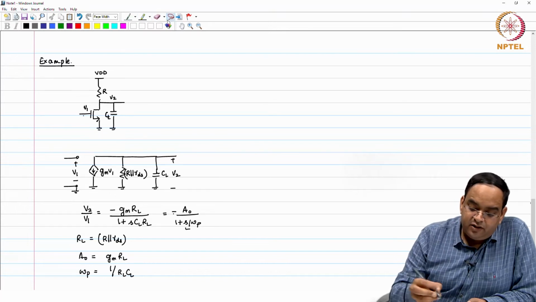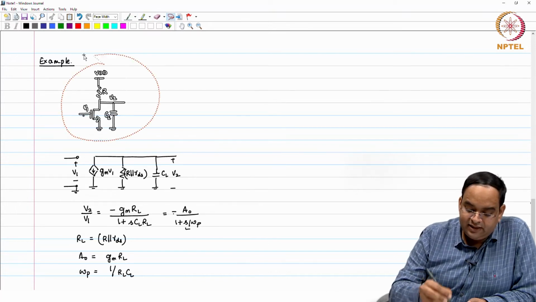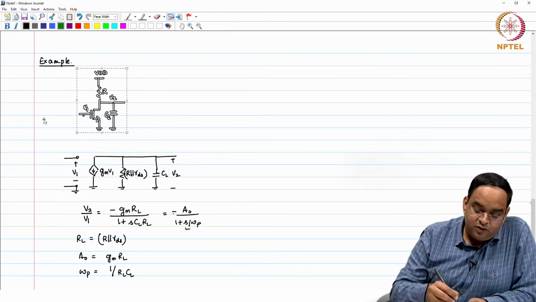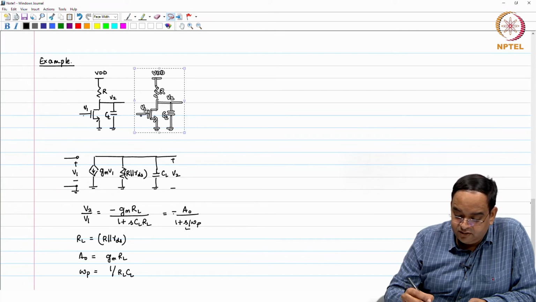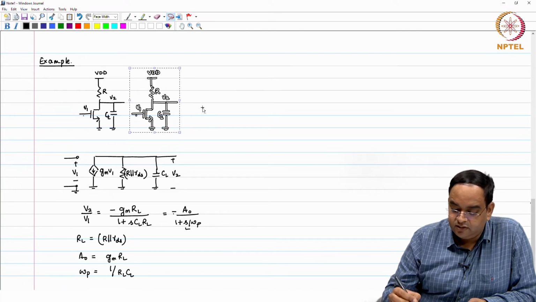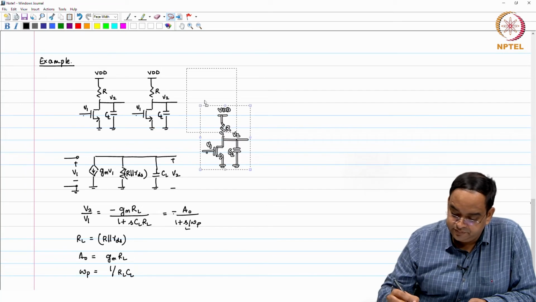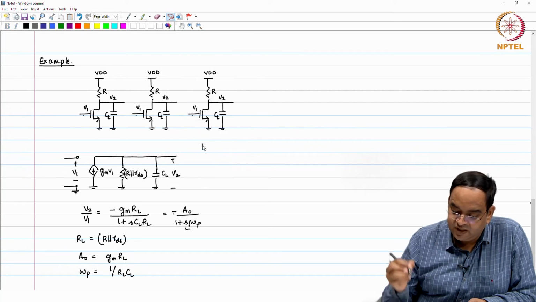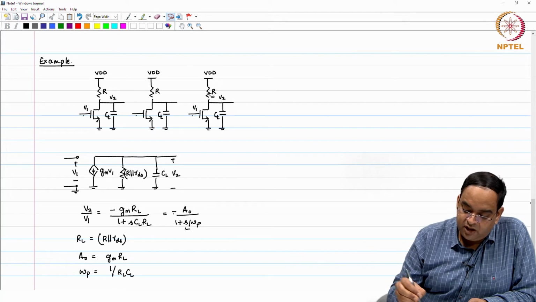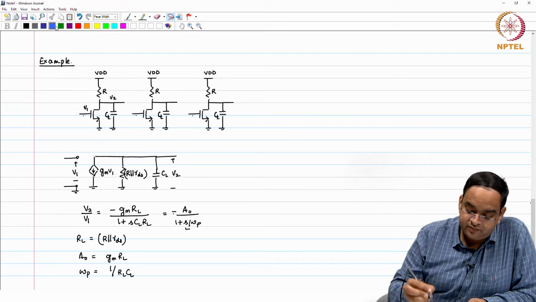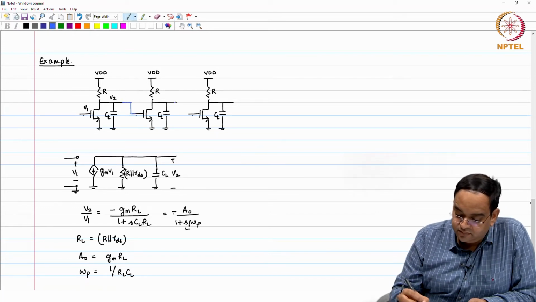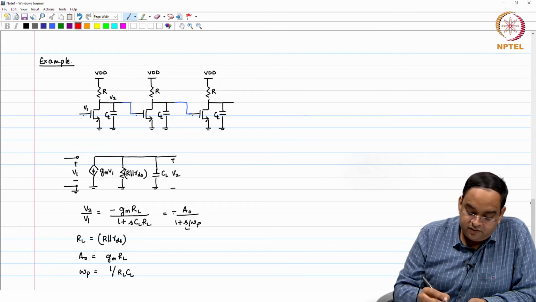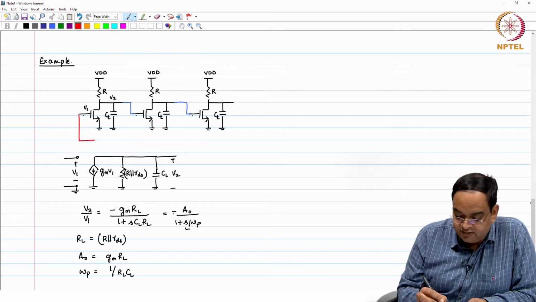If I go ahead and cascade these blocks, like this, I am now going to connect all of them and form a ring like this.